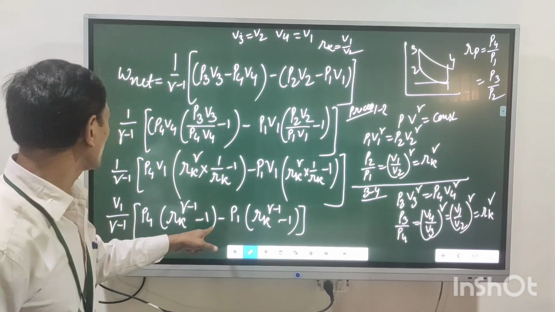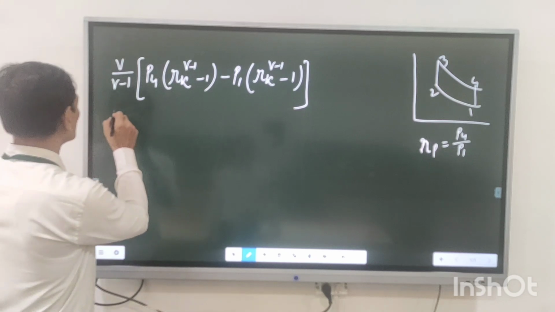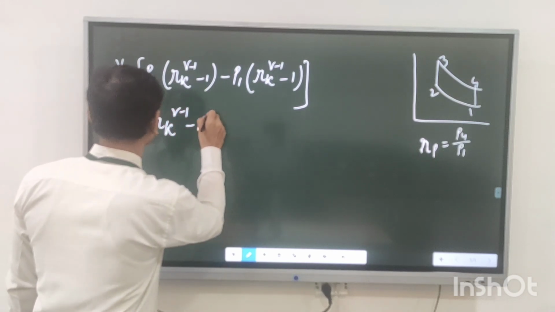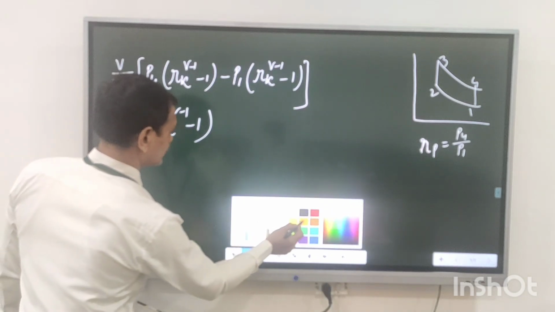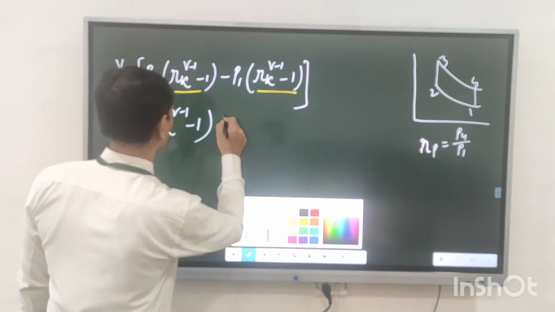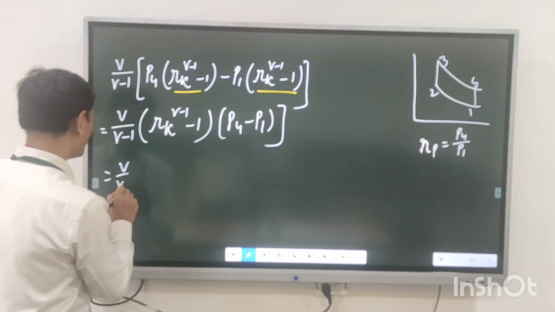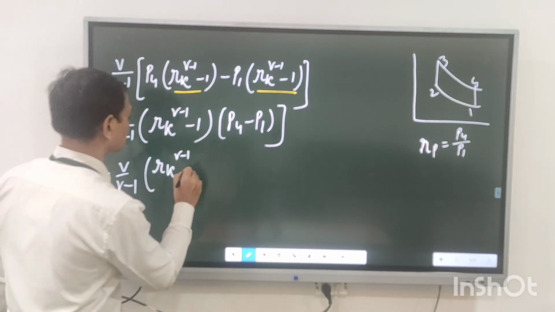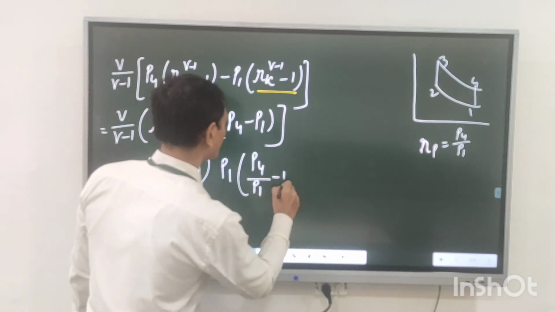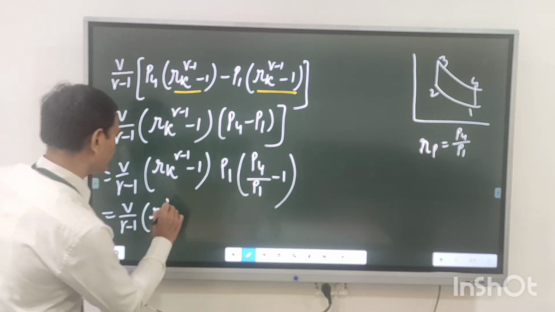Now take common RK gamma minus 1 minus 1 from both terms, and take common P1, then we can write P4 by P1 minus 1. Now we can write V1 by gamma minus 1, RK gamma minus 1 minus 1.